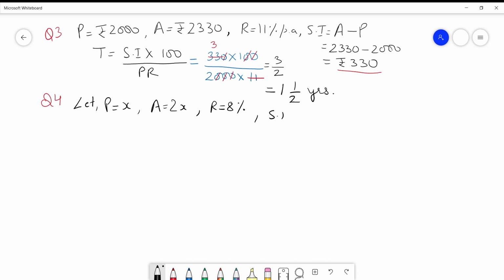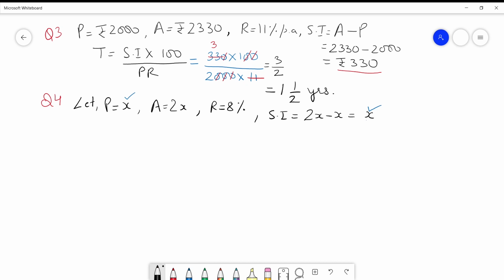To find out SI, I will subtract 2X minus X, and I'll get X. That means when we double it up, this SI and principal are going to be the same. Clear? So if principal is X, the simple interest is also X.